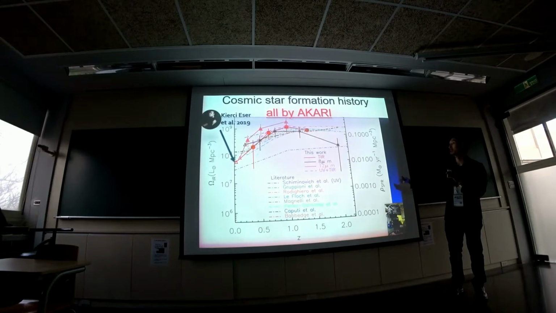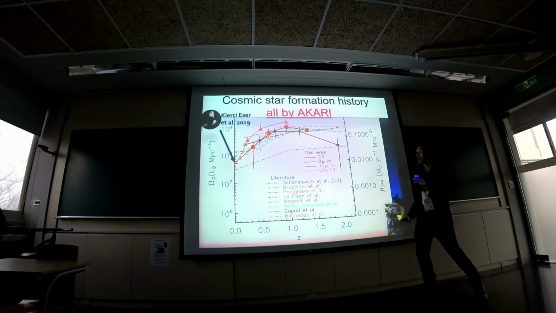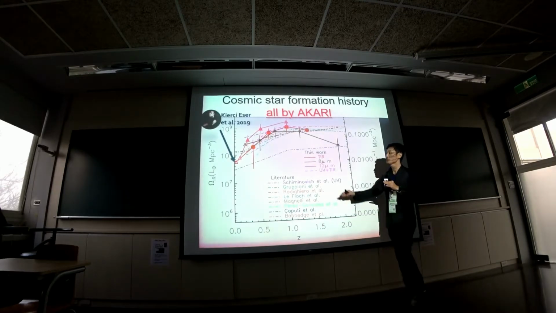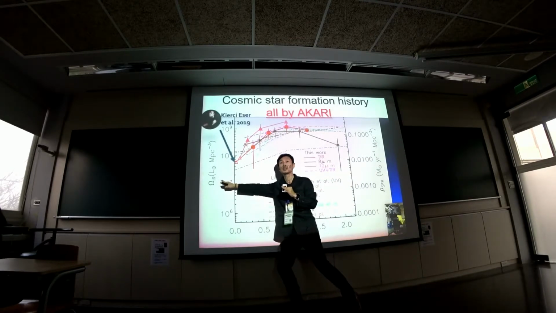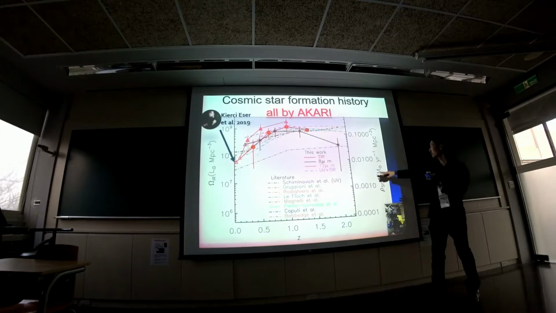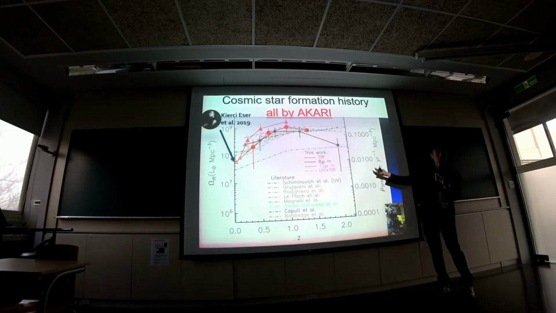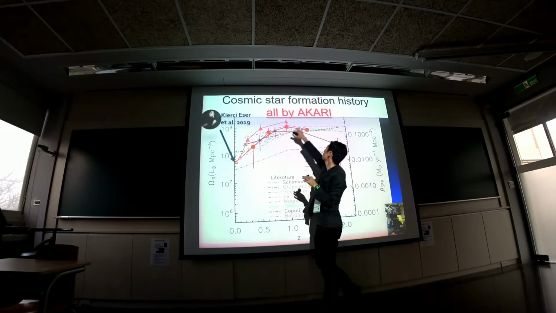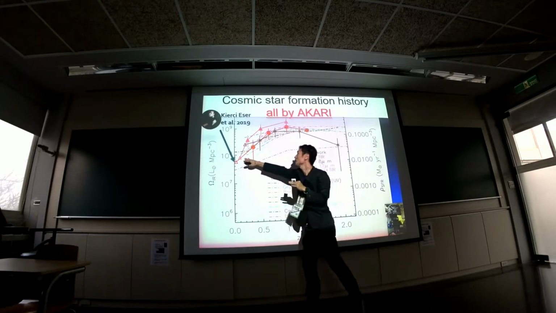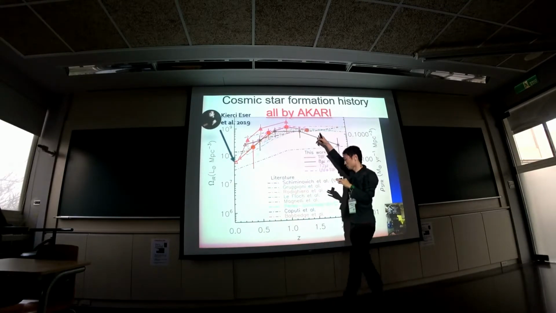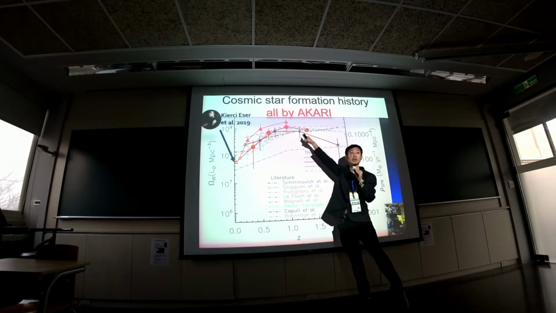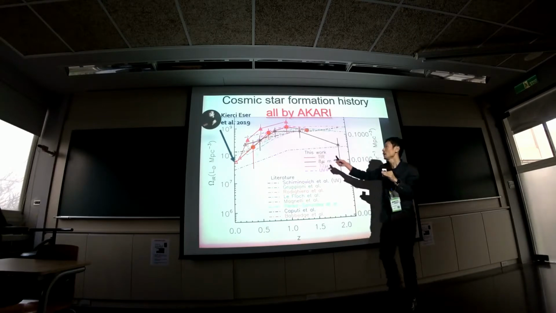So this is the result for cosmic star formation history from redshift 0 to 2 point something, and this axis is the infrared luminosity density, or the cosmic star formation rate density. As you can see, from redshift 0 to higher redshift, it's gradually going up, and at redshift 1 or so, the star formation rate density is already an order of magnitude higher.